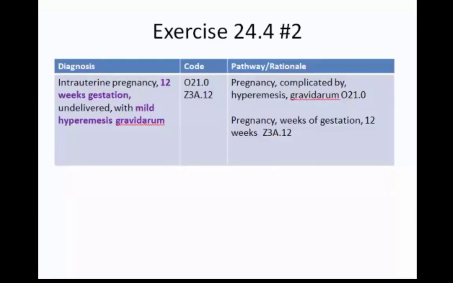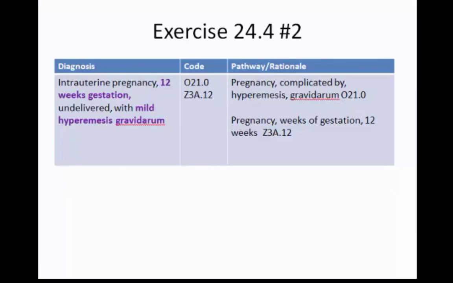Okay, let's do a few exercises. This is taken from the coding handbook, exercise 24.4, number 2. Intrauterine pregnancy, 12-week gestation, undelivered with mild hyperemesis gravidarum. I encourage you, for any of these terms that you don't know, to use a Google search engine or whatever search engine you want to use and look them up. Hyperemesis gravidarum is not uncommon in pregnancy.